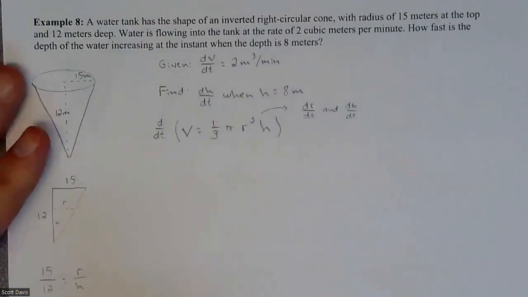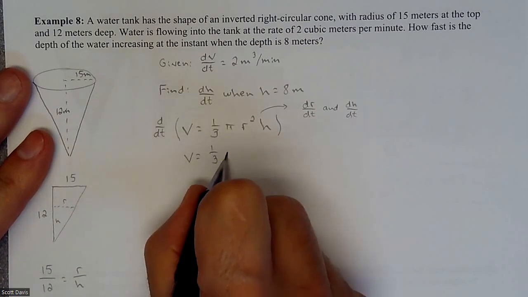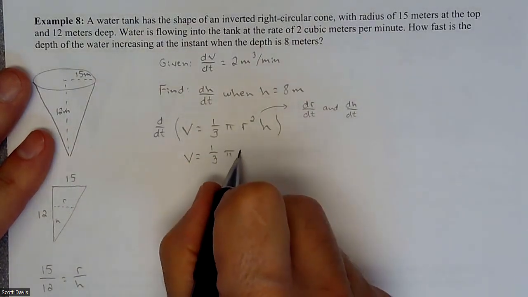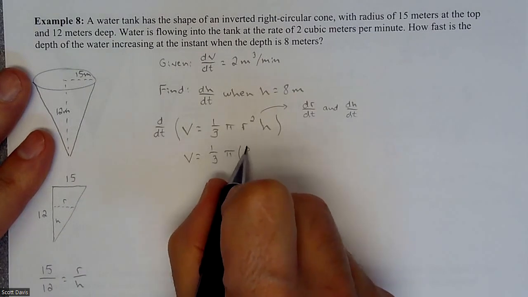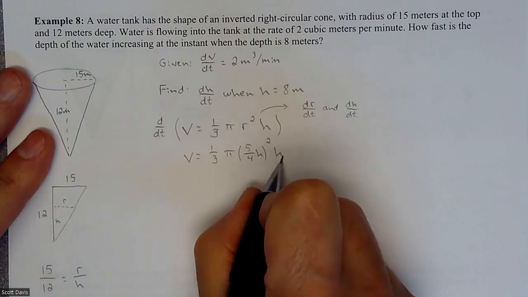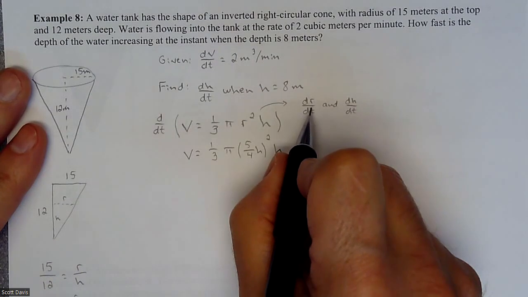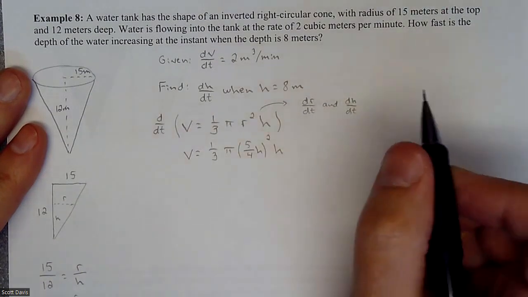5/4 h. So let's do a little math real quick here, and then we'll come back to doing the derivative. So we're going to take our 5/4 h, square it, multiply it by h. Now we won't have an r in that equation, which means we also won't have a dr dt. Perfect.